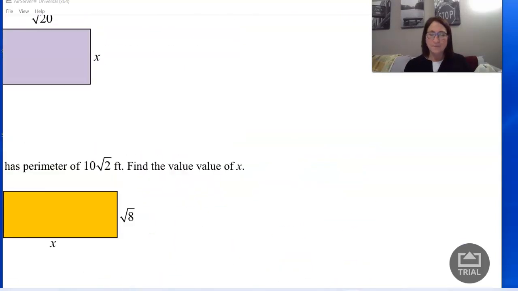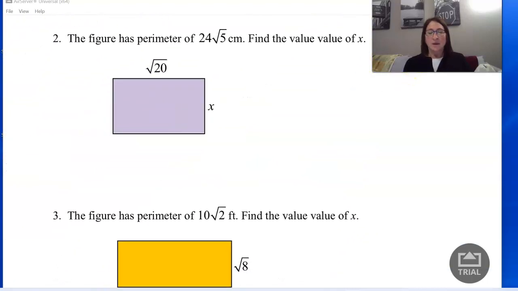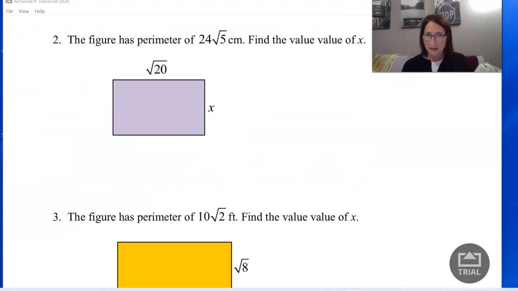All right. Now, let's very quickly go back and do this problem number 2, which is a perimeter problem. So perimeter is just the distance around an object. So the distance around.